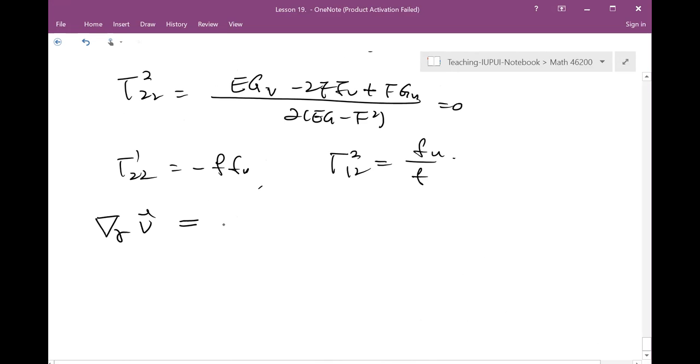This is going to be 0 if and only if, I think, this V is an arbitrary vector field.